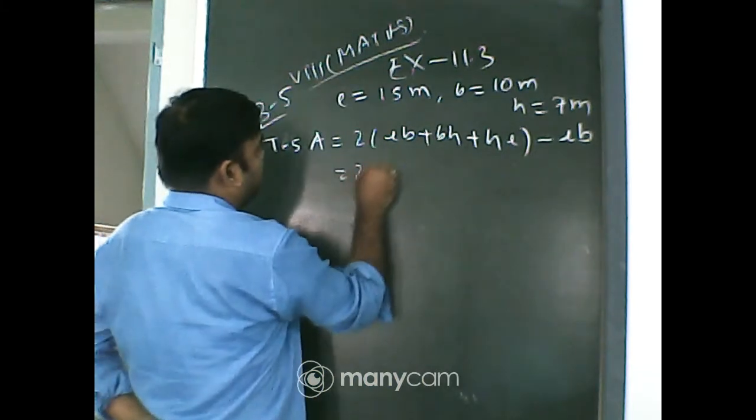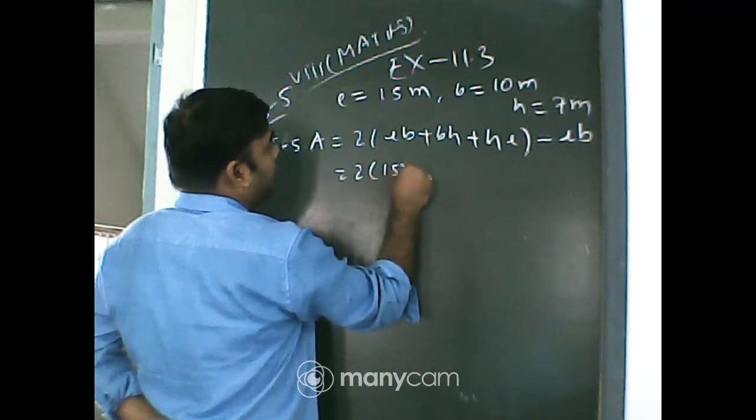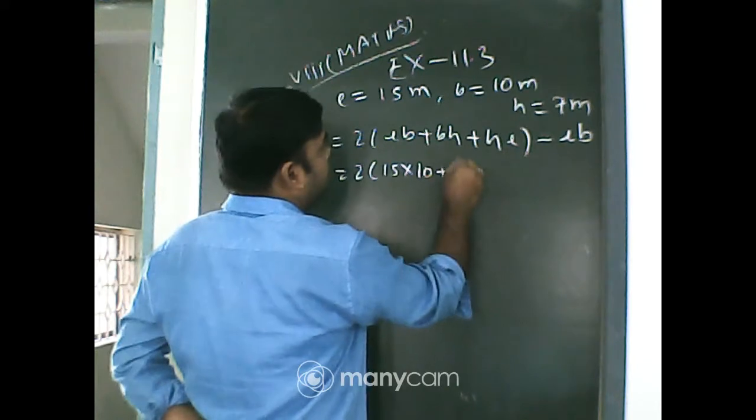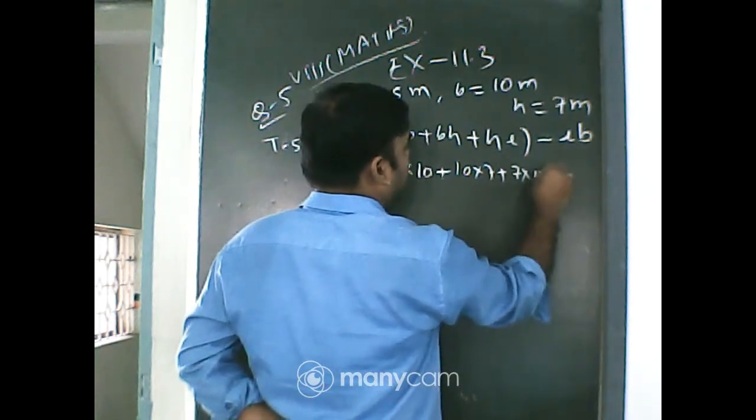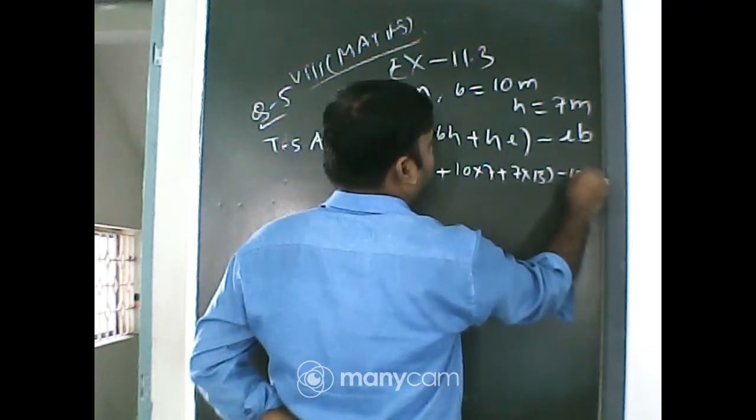2 into L, that is 15 into 10, plus BH, 10 into 7, plus HL, 7 into 15, minus LB, that is 15 into 10.